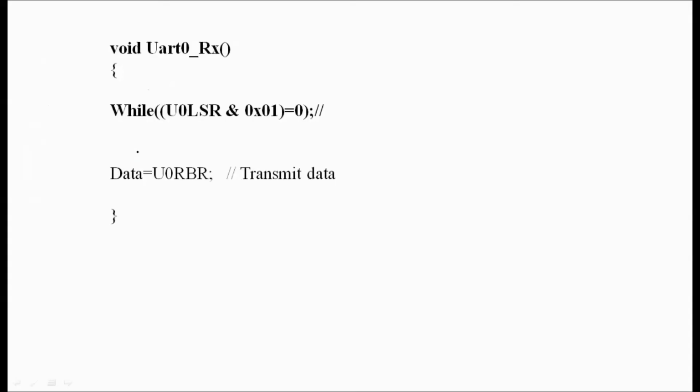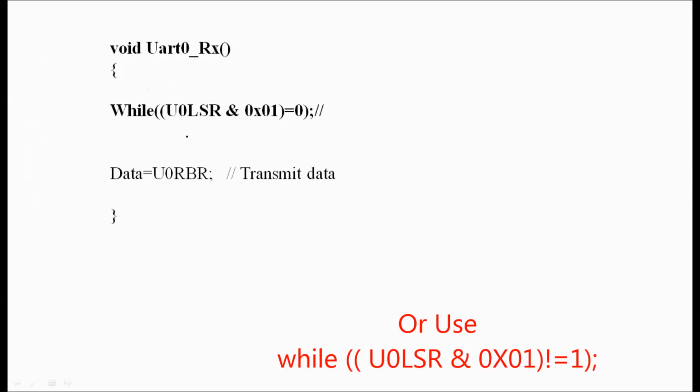Now we can write a function for reception of data. You can write a separate program also for reception of data. Here both functions are written. So first again here this LSR register is checked. That means the receiver register is checked whether it is empty or not.